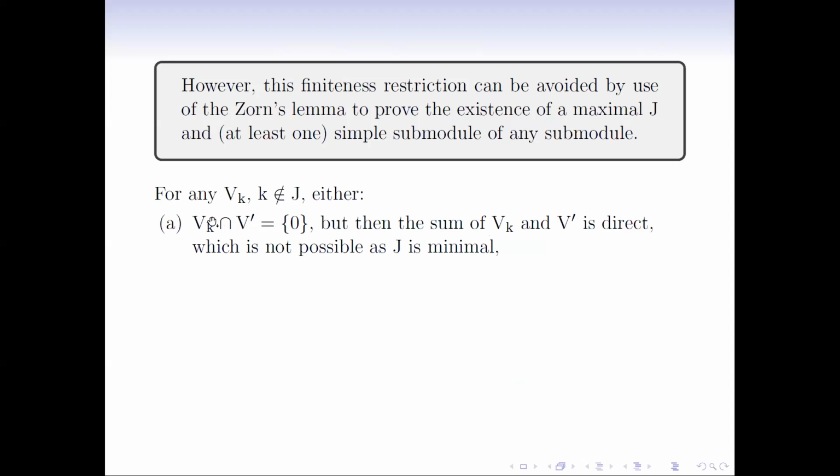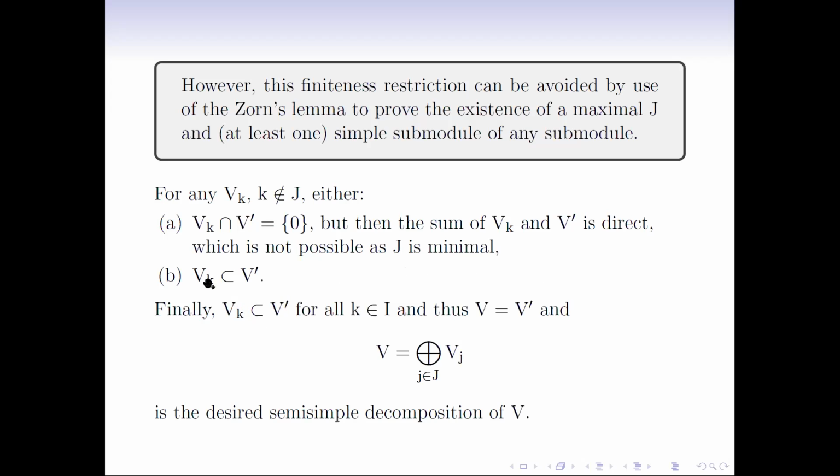Then the first possibility, the intersection of Vk and V prime is 0. Vk is simple. The intersection can be either 0 or the whole Vk. The first possibility is 0. Then the sum of Vk and V prime is direct, and then J is not maximal. So it's forbidden. And the second possibility is Vk inside V prime.